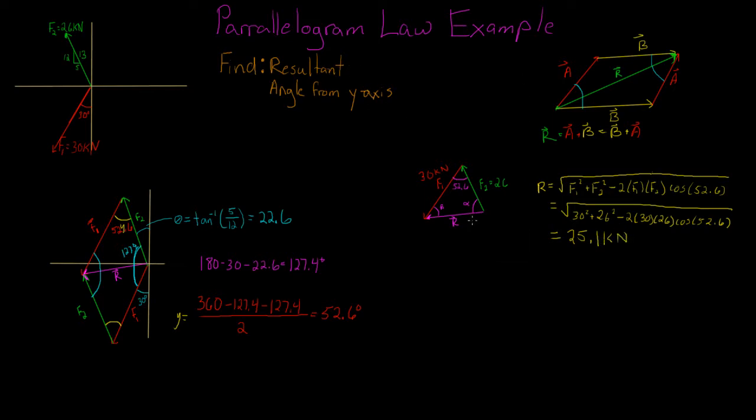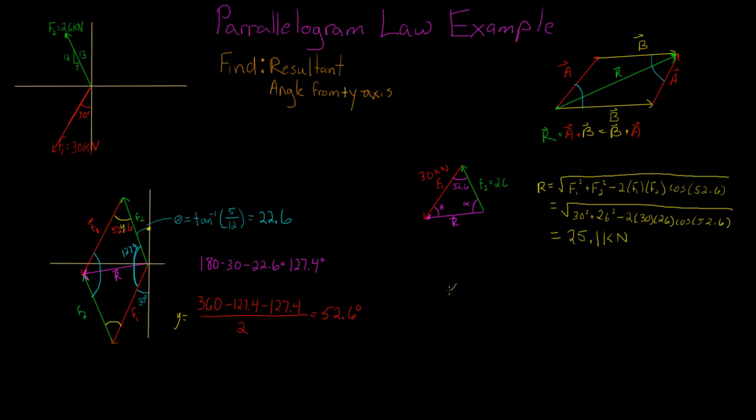Now, in order to find the angle the resultant makes from, let's say, the positive y-axis, we know it starts here, and we need to figure out this entire angle. So we need to figure out what alpha is, and we can figure out what alpha is by using the law of sines.